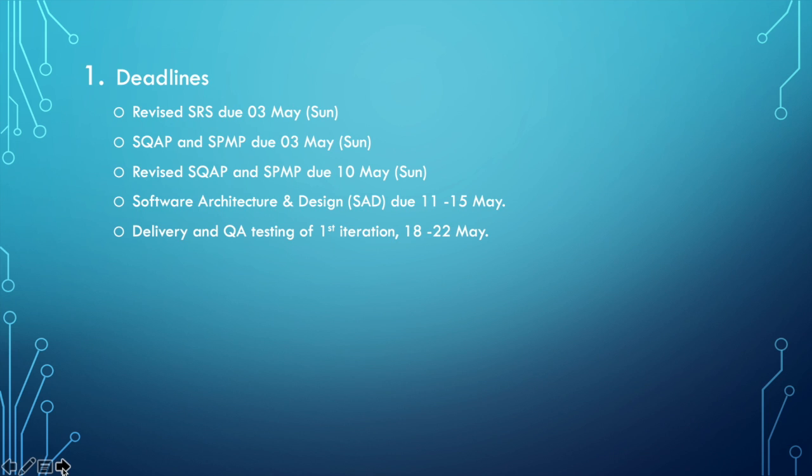Now, the detailed design, which is the refinement of the software architecture and design, will be the responsibility of the software engineers. So the project manager and assistant project manager will give the high-level design of the project, and then the software engineers will detail this high-level design.